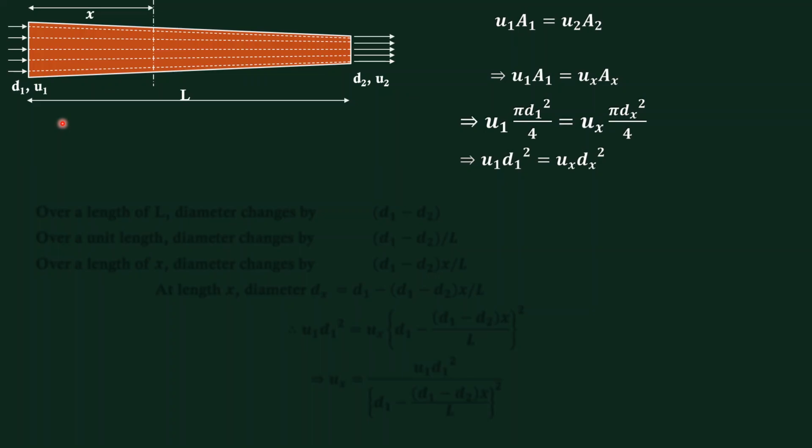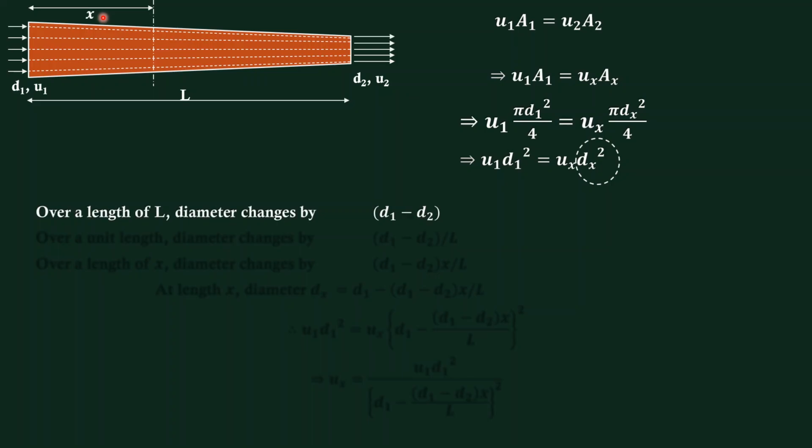Now, this dx quantity is still an unknown. dx is the diameter of the pipe at this location, and it seems like this is a function of x also. So instead of keeping it as an unknown dx, we can write it in terms of x. So can we do that?